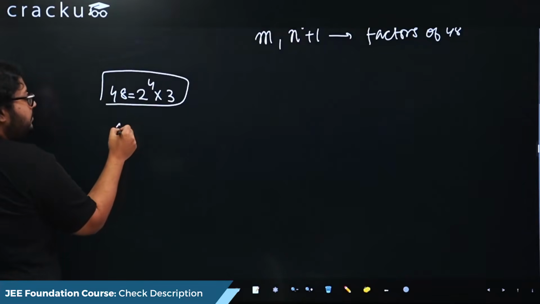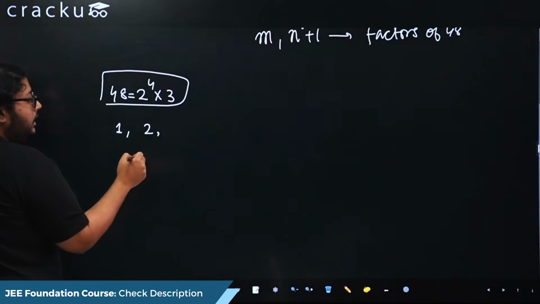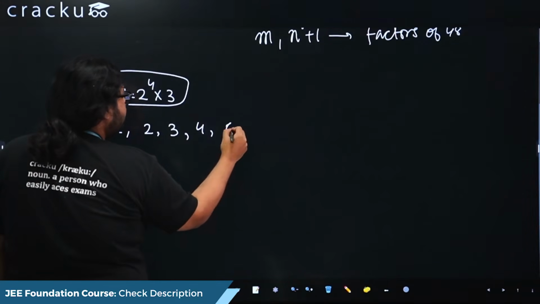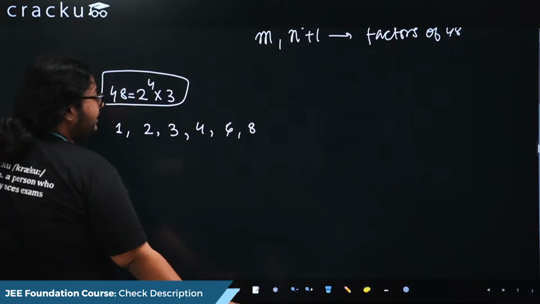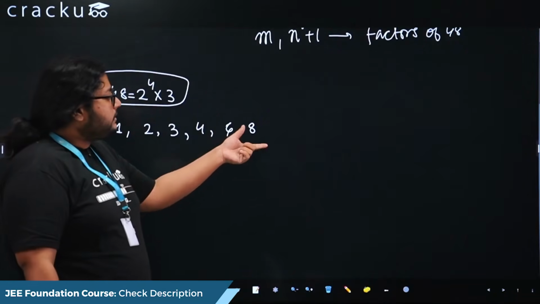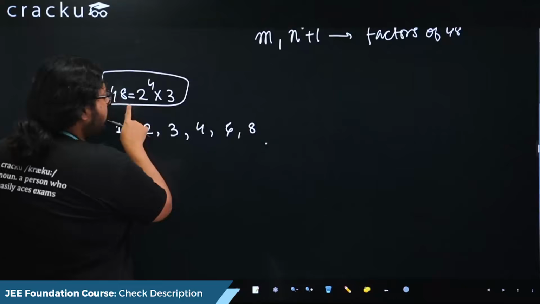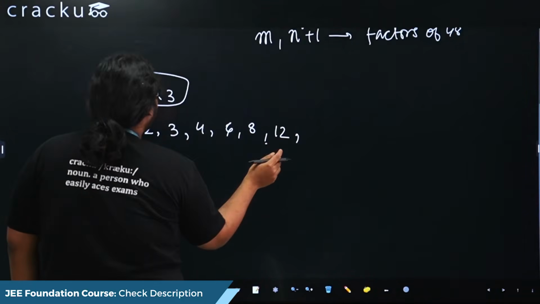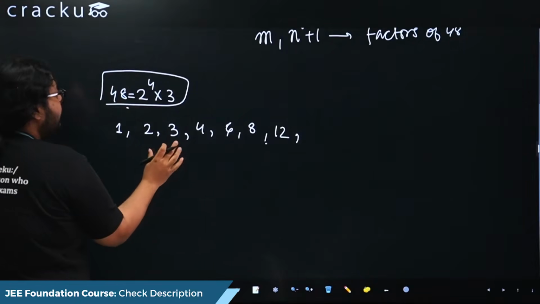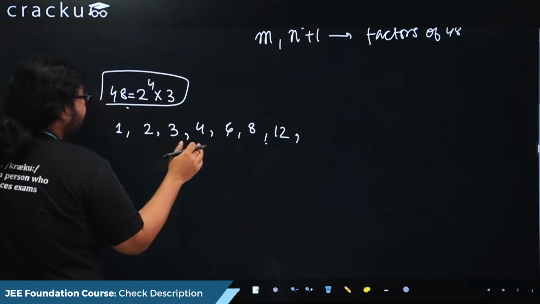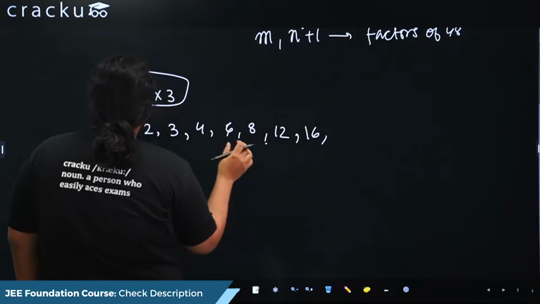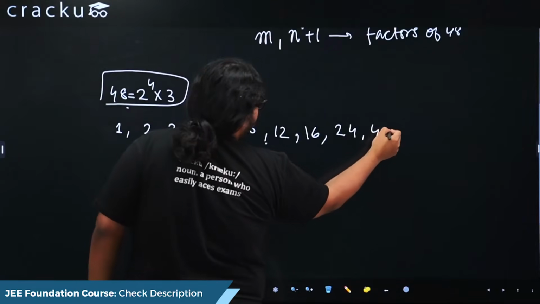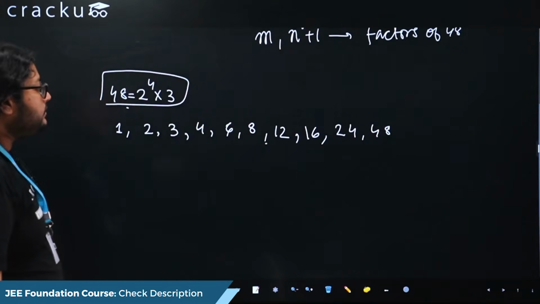The factors of 48 will be 1, 2, 3, 4, 5 will not be a factor, 6, 8. Okay, so now I have reached the middle point. Why the middle point? Because 6 into 8 is 48. So the remaining ones will also be that way. Like 48 divided by 4 gives me 12, so 12 is a factor. 48 divided by 3 is 16, so 16 is also a factor. 48 divided by 2 is 24, that is also a factor. And 48 divided by 1 is 48. So these are basically the factors of 48.